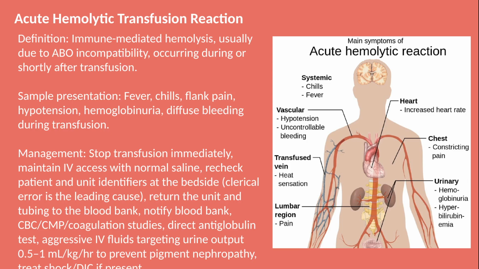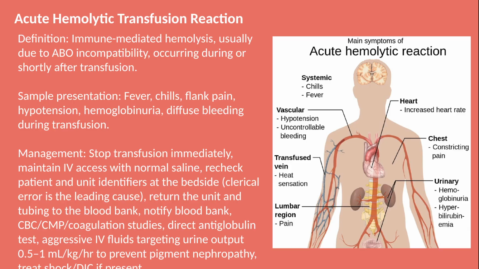Fever, chills, flank pain, hypotension, dark hemoglobinuria, and diffuse oozing from IV sites as disseminated intravascular coagulation begins. In an anesthetized or intubated patient, unexplained hypertension with bleeding may be the only clue.